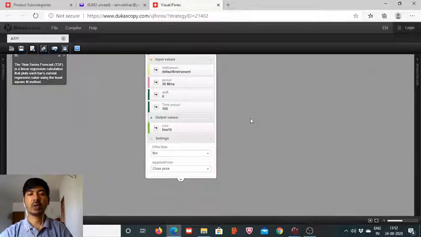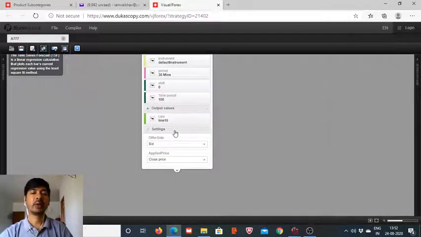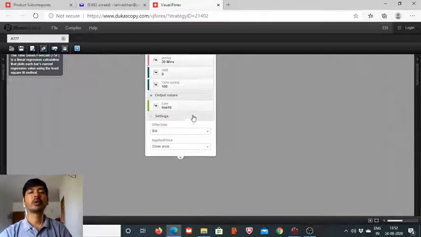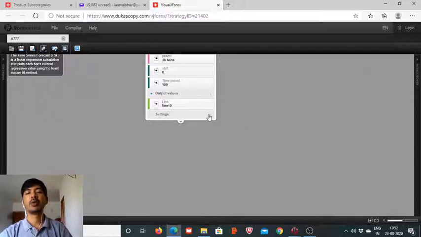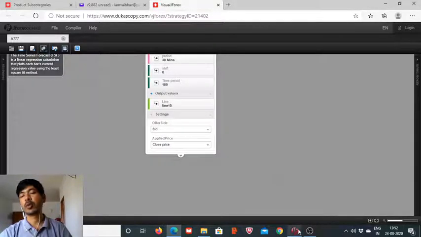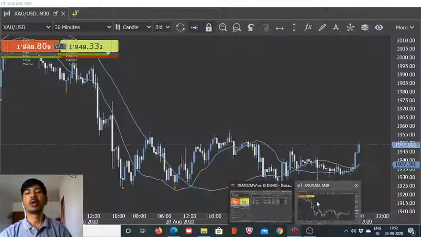Now coming to the settings, here we have to define on which side the calculation is to be done, on the bid side or on the ask side, and then the applied price, the closing price also needs to be defined, and you will have different output values depending on what your applied price is.